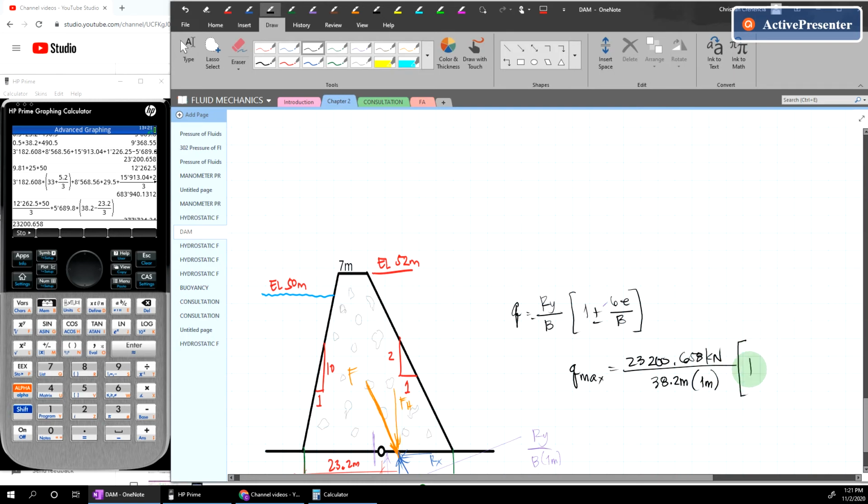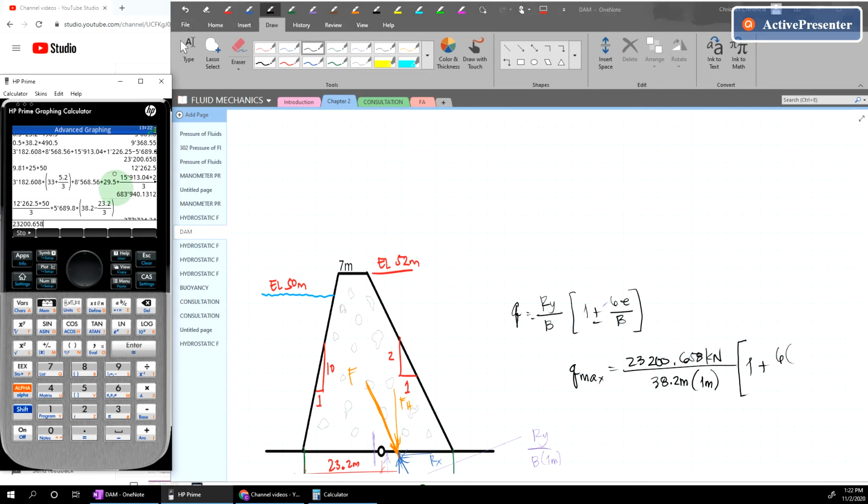Then multiplied by 1 plus, since kinukuha natin yung maximum, then 6E, ang E natin is yung 5.9.